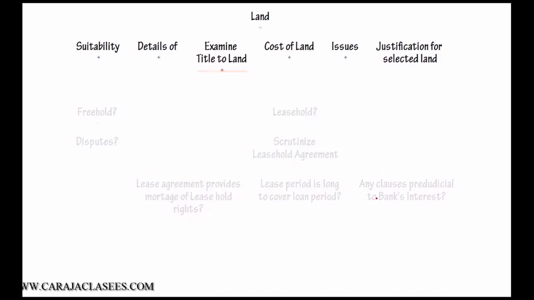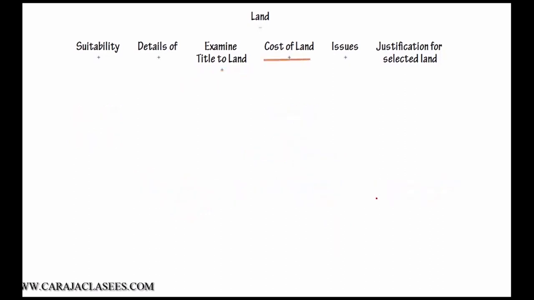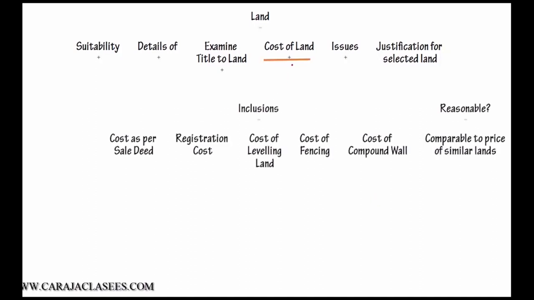Then comes cost of land. Cost of land details have to be given in the proposal, and this can have inclusions like cost as per sale deed. Cost as per sale deed only can be considered as cost of land, and it can have inclusions like registration cost, cost of leveling the land, cost of fencing, cost of compound wall, and so on.